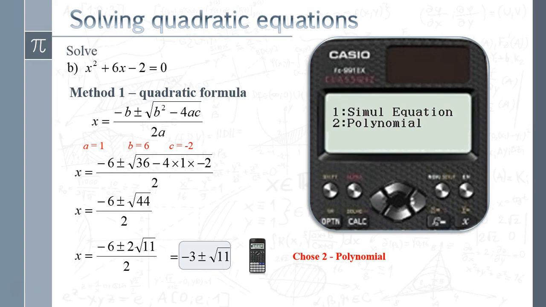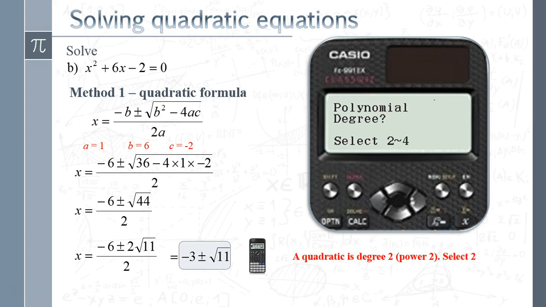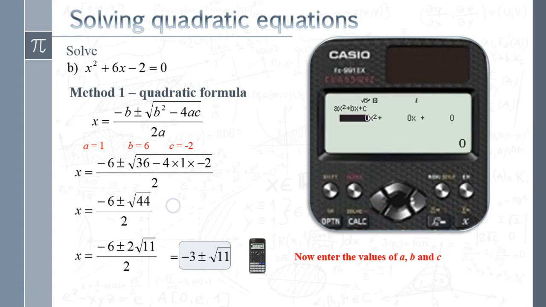Now, the equation solver will solve simultaneous equations and do polynomials, polynomials being equations involving squares and cubes and power 4s and so on. So we want a polynomial because we're dealing with a squared equation. And because a quadratic is squared, it's degree 2. So this is just asking us what format we want, and we want a quadratic, so select 2 there.